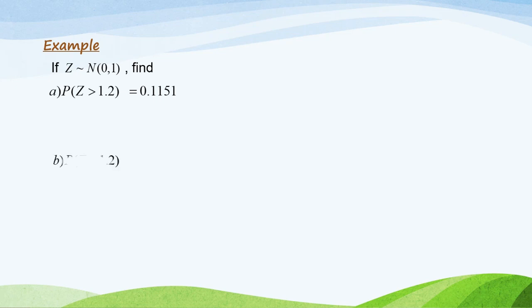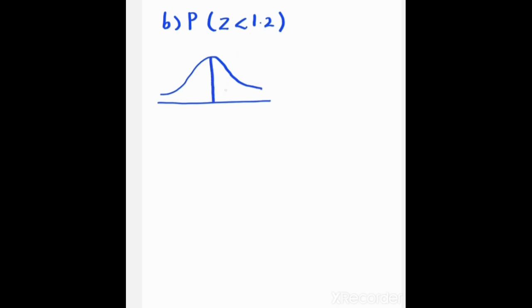Okay, (b), P(Z less than 1.2). When we put it into the bell shape, 1.2 is here, and because there is no equal sign we use a dotted line. Less than means the area is the probability, but in the table we cannot read less than, we read greater than.